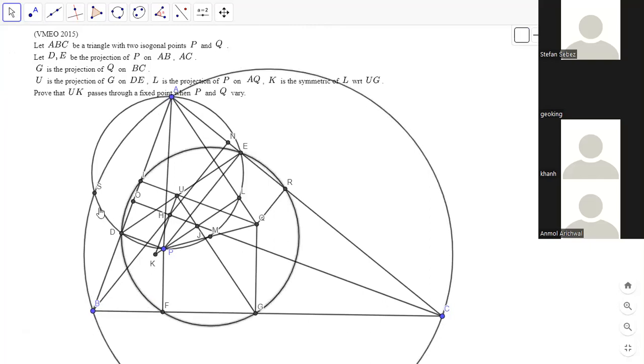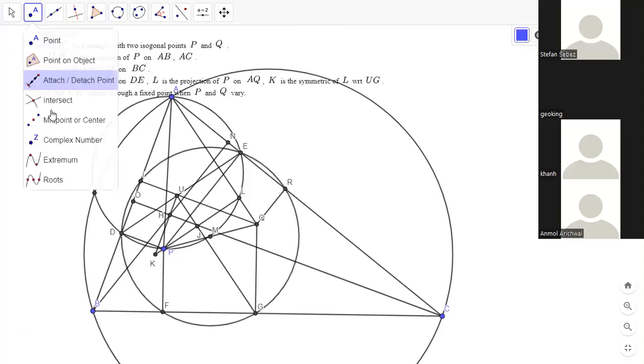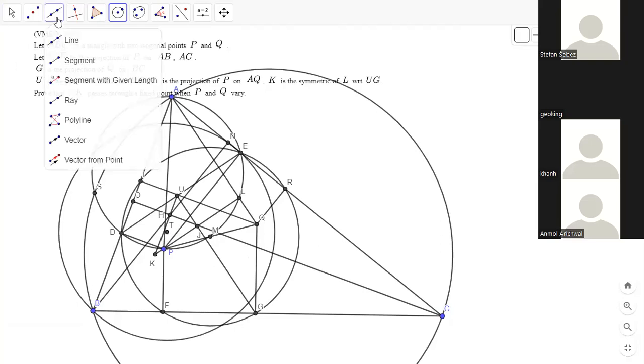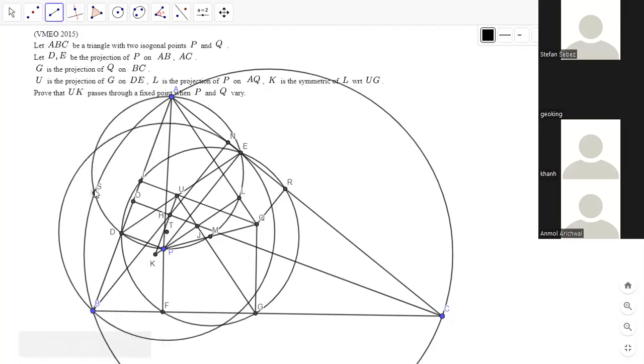The circle with diameter BE and the circle with diameter CD. Okay, so not BN, but BE. Yep. All right, so looks like UL also passes through the anti-Steiner point. UL passes through it. This is really interesting.